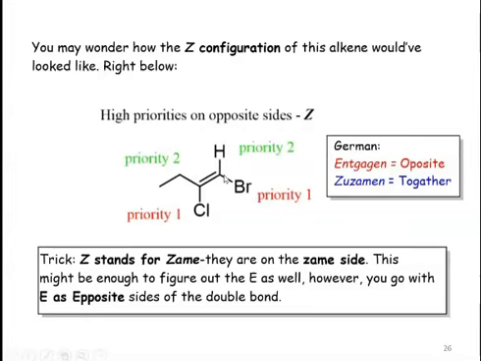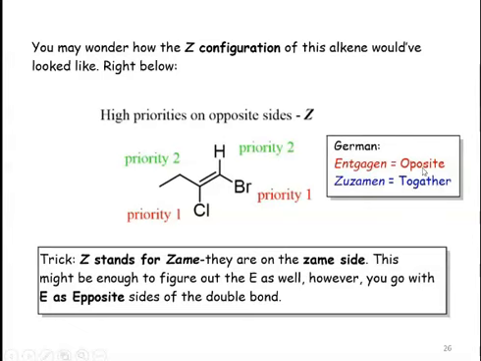Now, if the same structure would have been like this, that is, both the high priority bearing functional groups lying on the same side and low priority bearing functional groups lying on the same side, then we have to call it as Z. The terms E and Z have been derived from the German language, where E stands for entgegen, that is opposite, whereas Z has been derived from the German word zusammen, which means together.